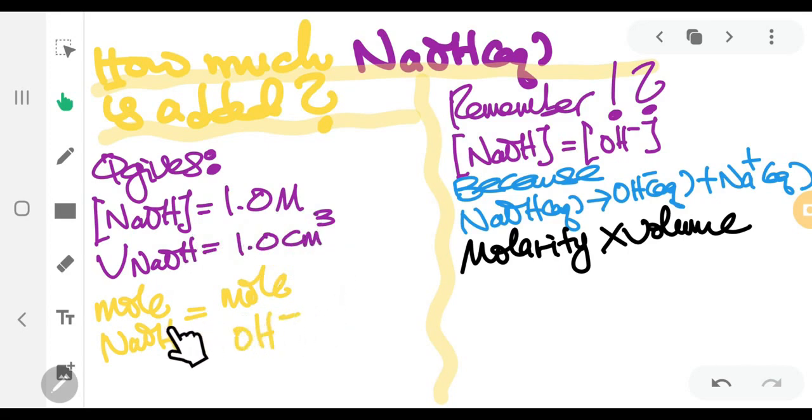Do remember the number of mole of NaOH will be the same as the number of mole of OH minus, because your strong base, sodium hydroxide, will be completely dissociated. To find mole, we have to take molarity times volume.